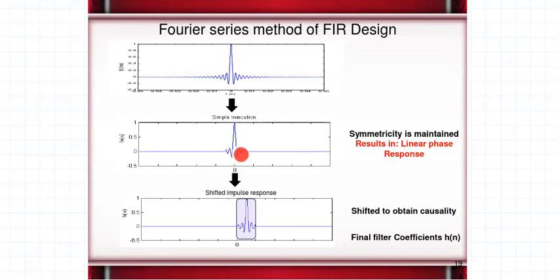And now I can say that this filter coefficient is of finite duration and I can use it for my FIR design. So the first step in the modification of the filter coefficients is that we have made it finite by truncating the samples around a certain region, right? We have selected, let me say, samples from minus q to plus q. All the samples beyond it are set to 0, making the impulse response finite duration.